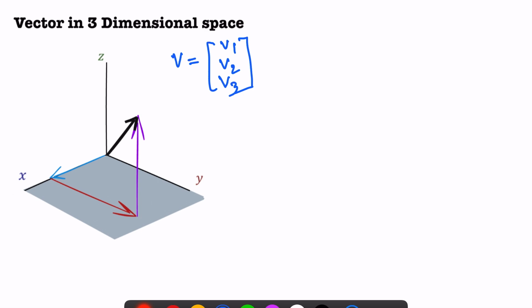We'll move v1 steps in the x direction, this is v1. Then from there we'll move v2 steps parallel to the y direction, so this is v2. And then from there we'll move v3 steps parallel to the z direction, so this is v3. And we reach this target point, and this will be our target vector v.